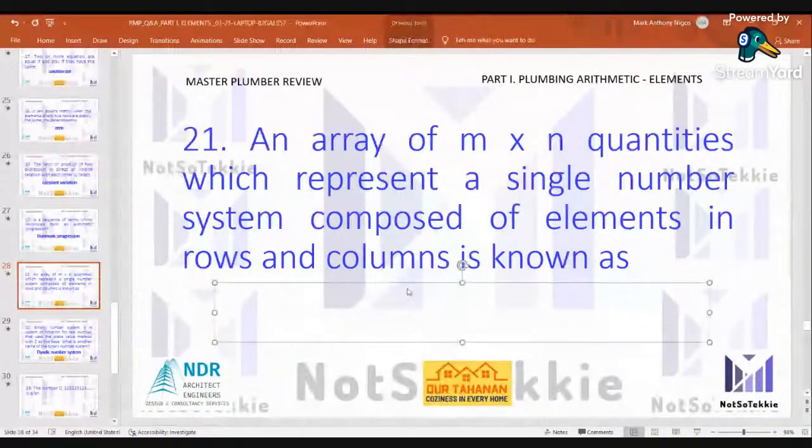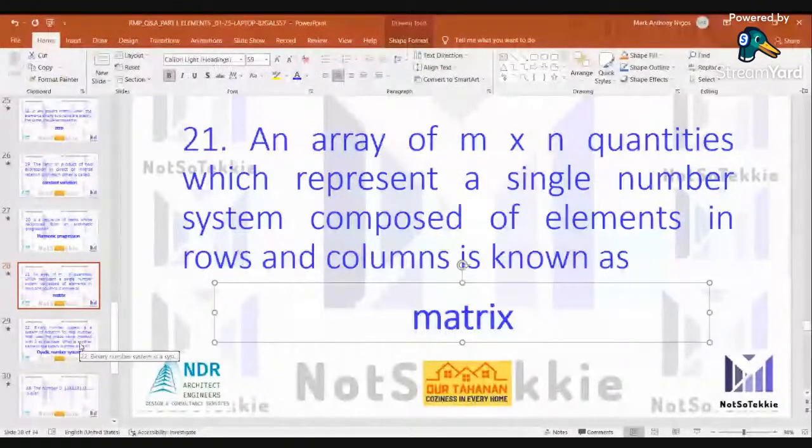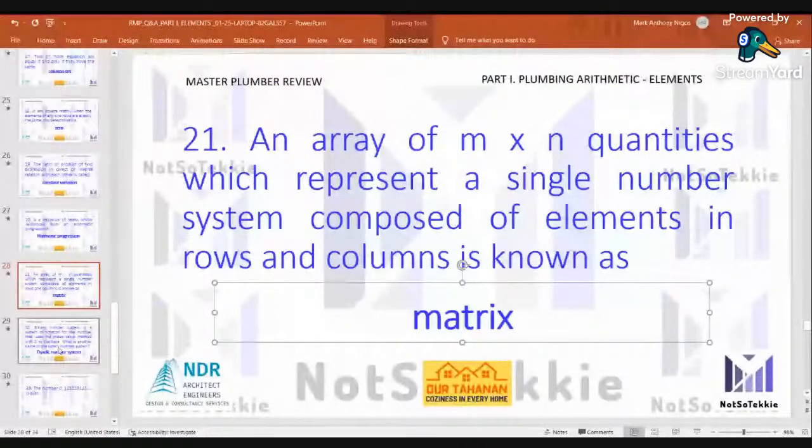The answer is matrix. An array of m by n quantities which represent a single number system composed of elements in rows and columns is known as matrix.